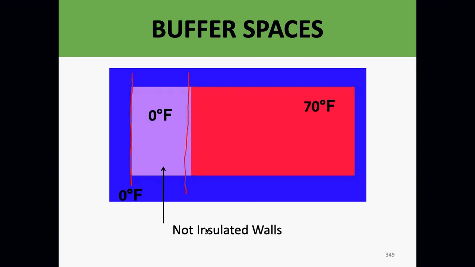So when we have non-insulated walls, and I really hope you don't come across any of these, the inside of my wall is also 0 degrees, and it's butted up against the inside of the house, which we're trying to maintain at 70 degrees. Doesn't work that well. If the walls of the buffer space are not insulated, we use the outside temperature, because it's going to be the same. No insulation. The only separation is my sheetrock.